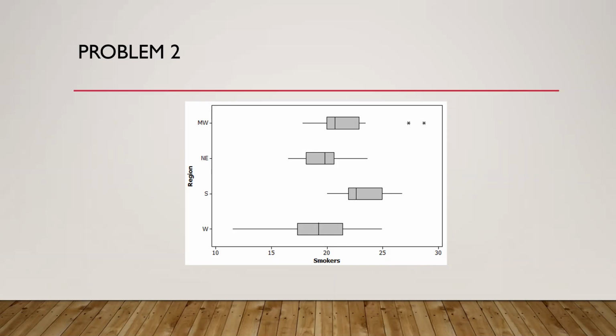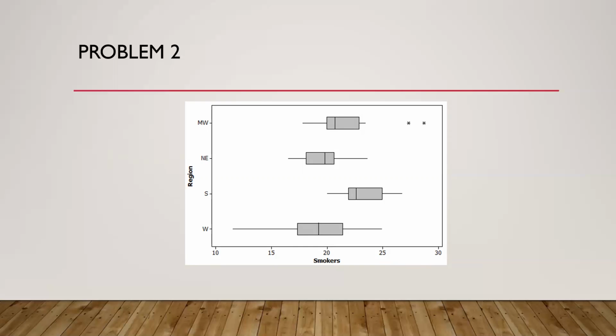B, which region is the state with the highest percentage of smokers? Well, in the Midwest, there are 2 states that have an extremely high percentage of smokers. Those are considered outliers, indicated by those 2 asterisks. So the Midwest is the region that has the state with the highest percentage of smokers.